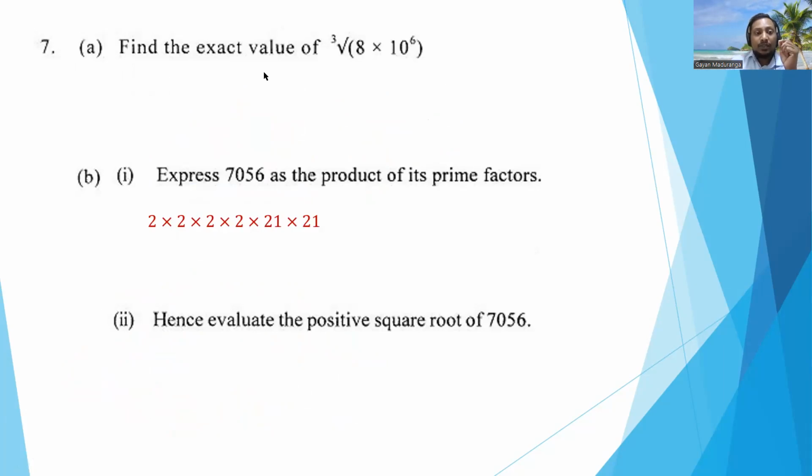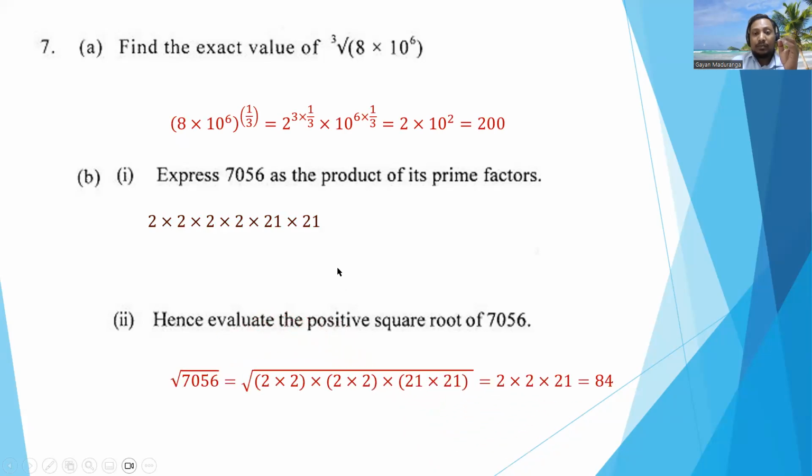What is this? Find the exact value. What is the exact value? An exact value is not a decimal number, but the 100% correct value. You can leave the answers in surd form or in fractions when they ask you to write the exact value. Let's see.